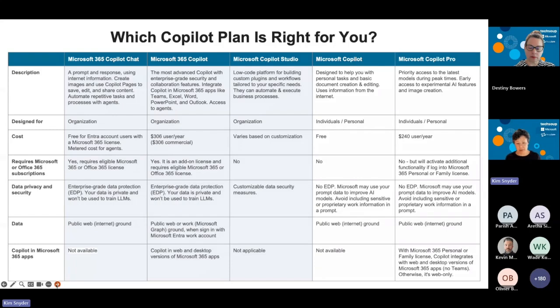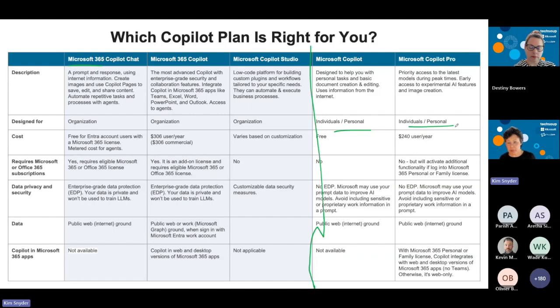There's a lot going on here. So which Copilot is the right one? As you can see, going down here, this is stuff that is part of your work environment. This is more personal, right? So personal accounts.